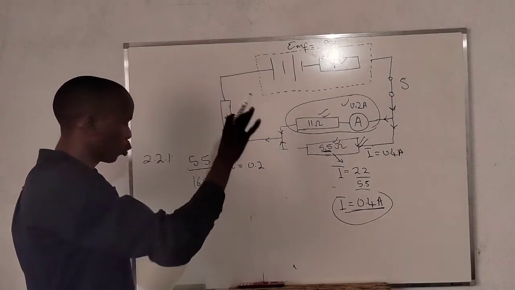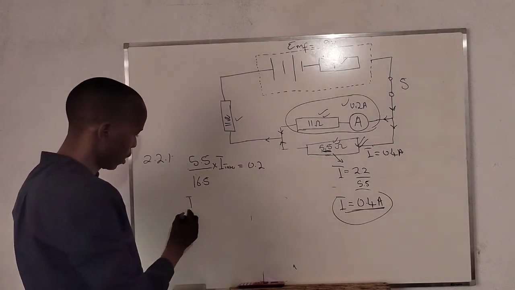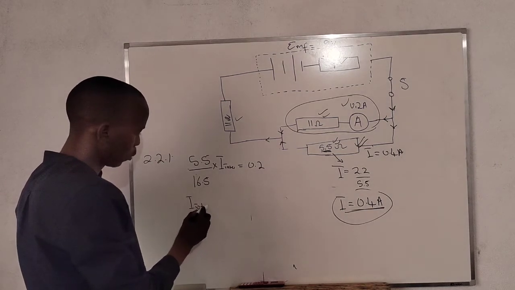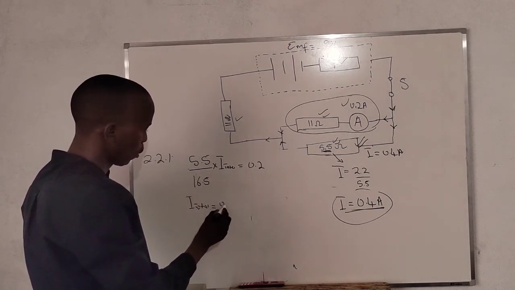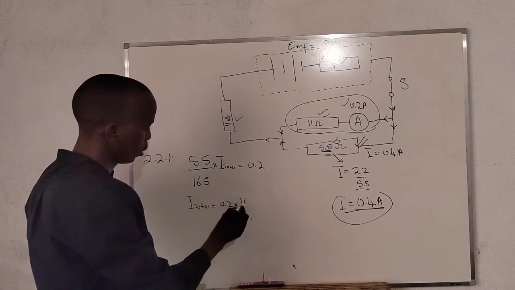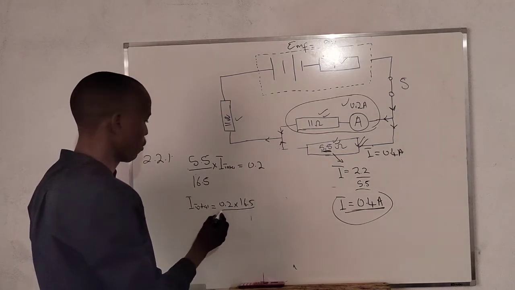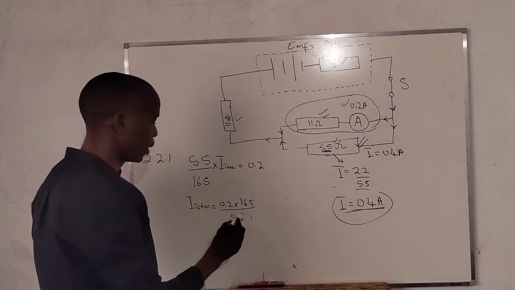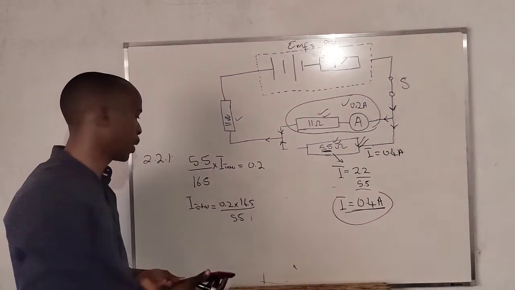Now I'm just going to rearrange this. I total, the total current of the circuit, is equal to 0.2 times 16.5 divided by 5.5. This actually gives me the total current.